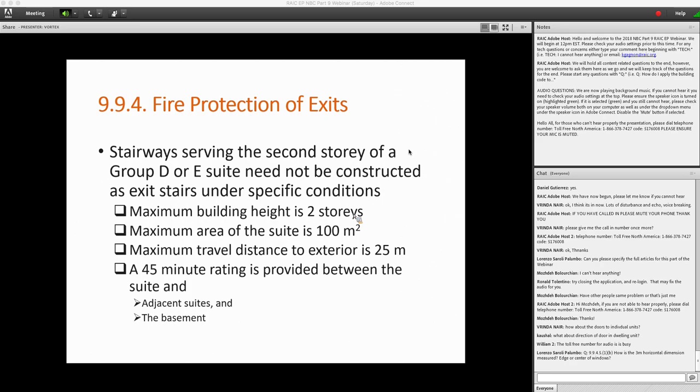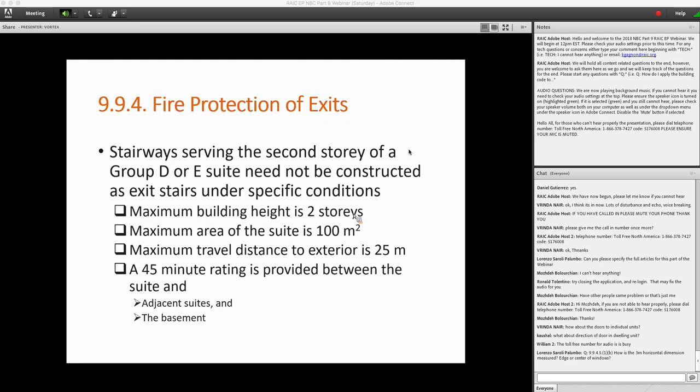So if you have, for instance, a 2-story office building, what we're saying here is that the exits serving this suite are permitted to not be constructed as exits there. And what we mean by not constructed as exits is that it may be an open stair. You need not construct it as a fire separation with a fire resistance rating, provided certain criteria are satisfied.